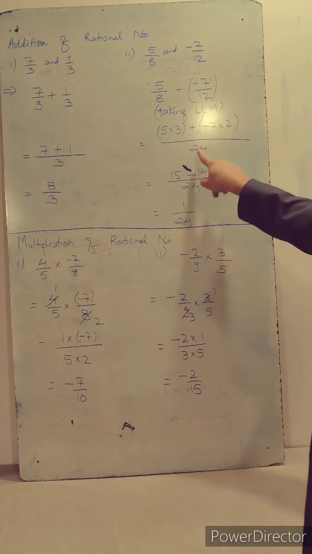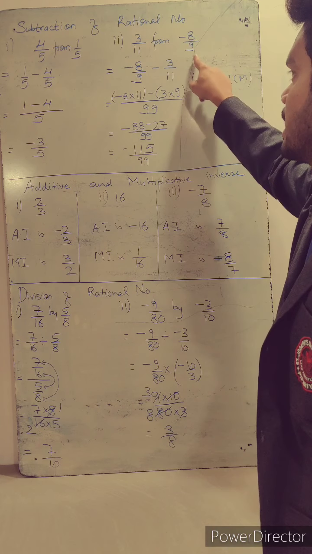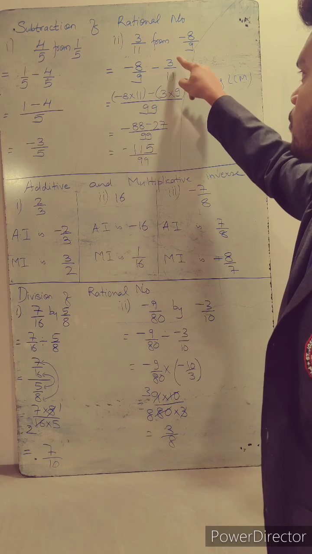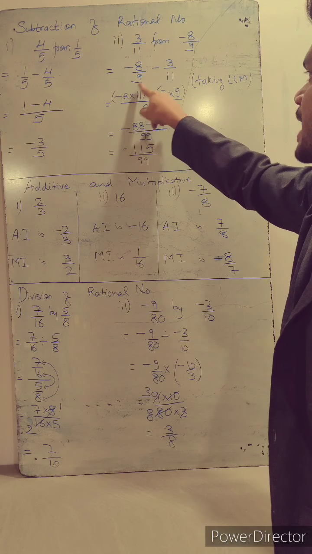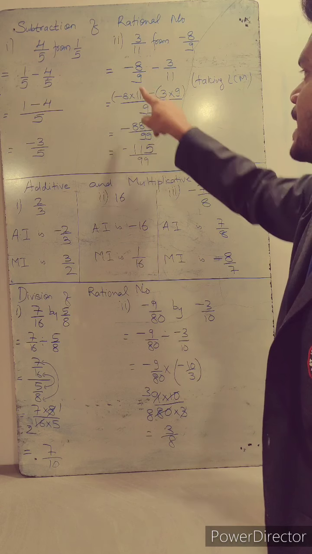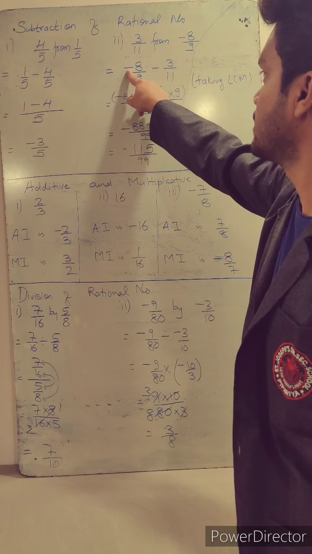But in this case we have two different denominators. We have to subtract 3 by 11 from minus 8 upon 9. So minus 8 upon 9, we have to subtract, that is minus sign followed by 3 by 11. Now we have two different denominators. So 9 and 11, we have to take LCM, that is 99. 9 into how much gives 99? That is 11. So we will multiply this minus 8 by 11.